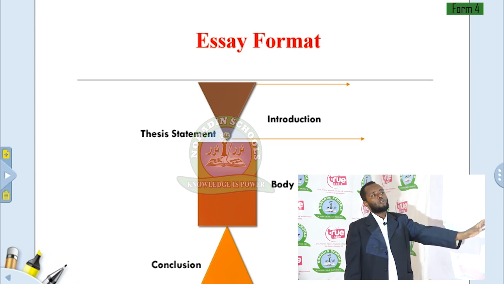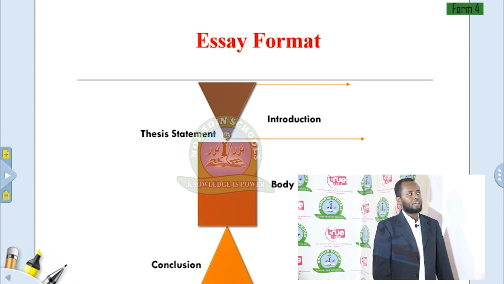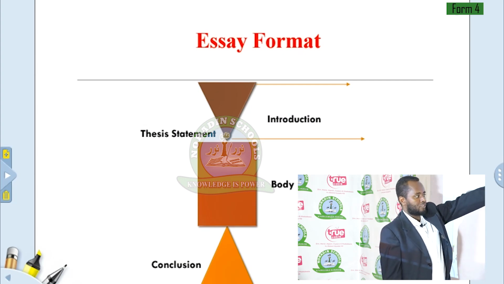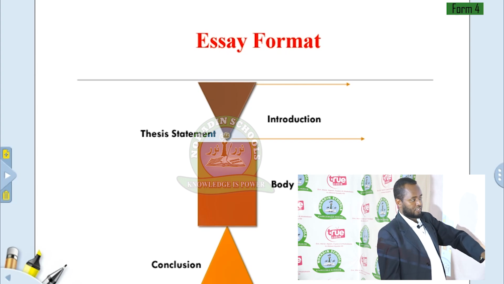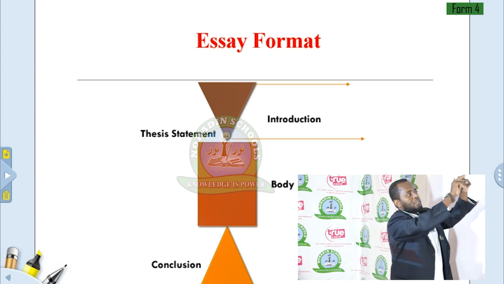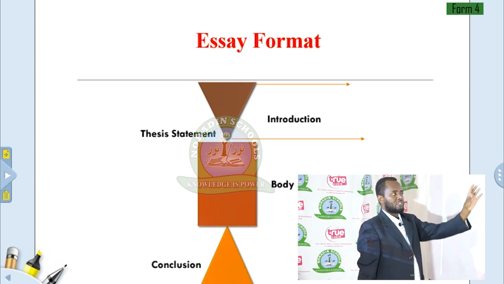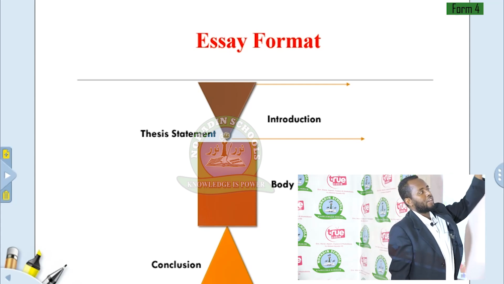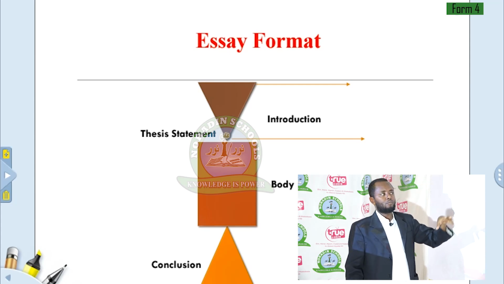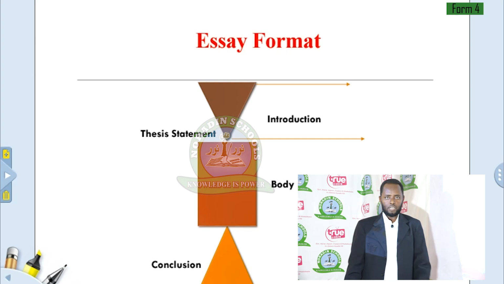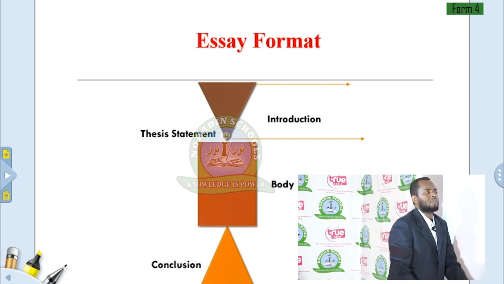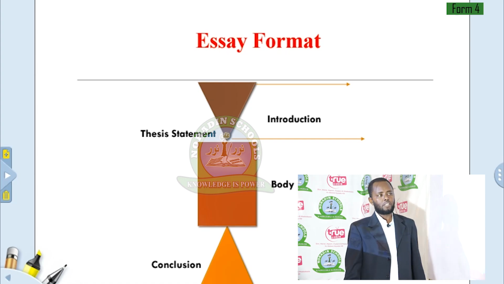So this is the format of essay structure. This is the introduction, this is the body, and this is the conclusion. This is an upside down triangle. It shows that you're going to insert a general statement for your introduction, and then specify, especially the thesis statement.